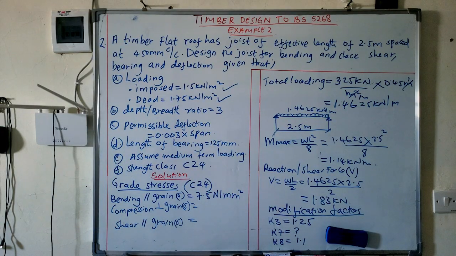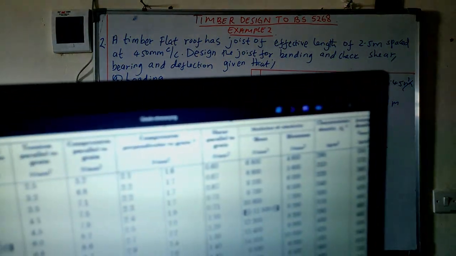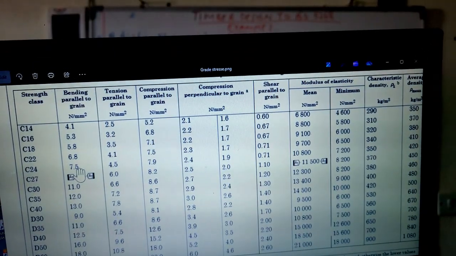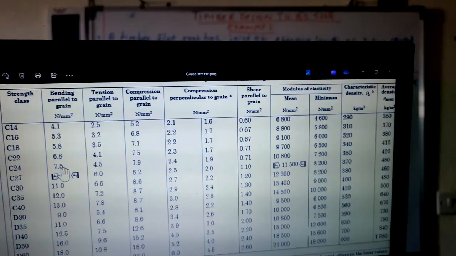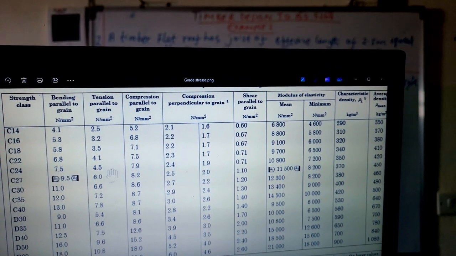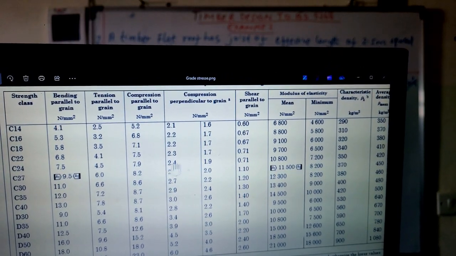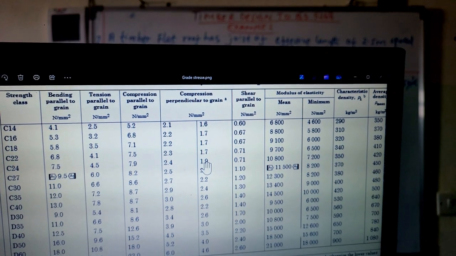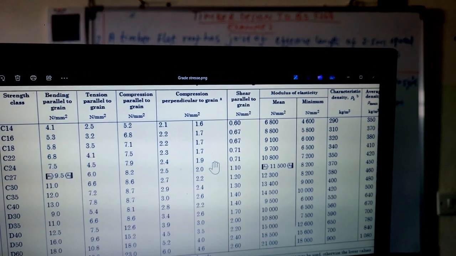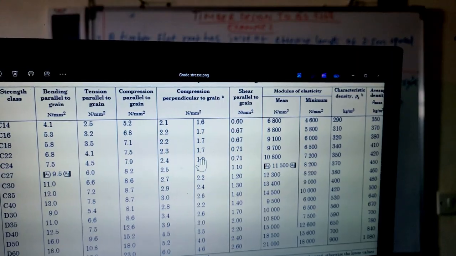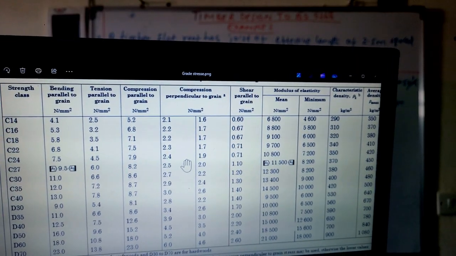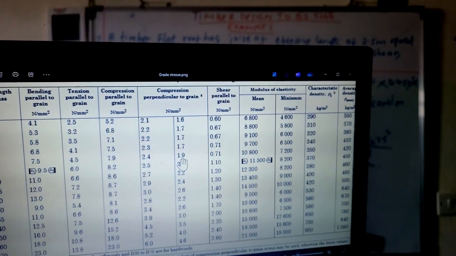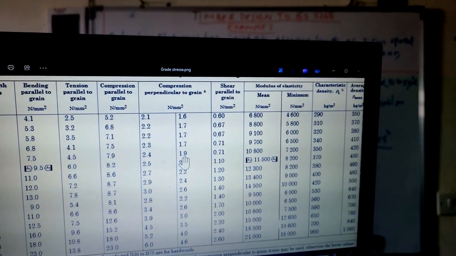We will proceed to compression perpendicular to grain. So you will come again here and the same strength class C24, you'll proceed. You can see the movement of that hand. So we have compression perpendicular to grain. So we have two values, 2.4 and 1.9. So we'll pick the lower value, which is 1.9.